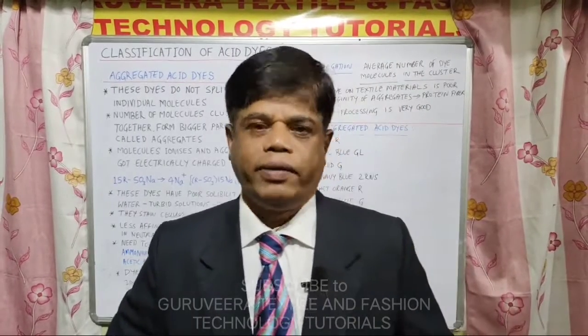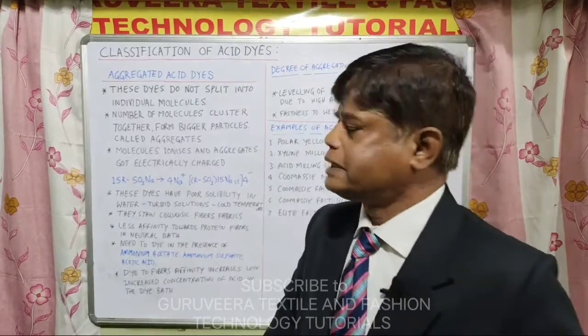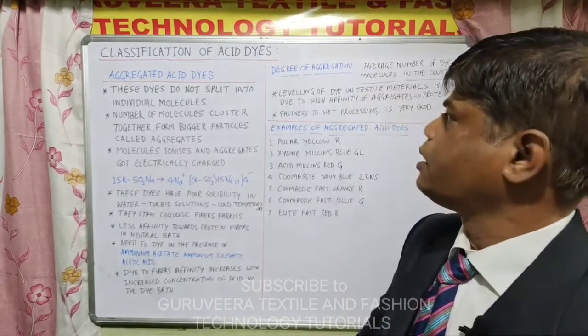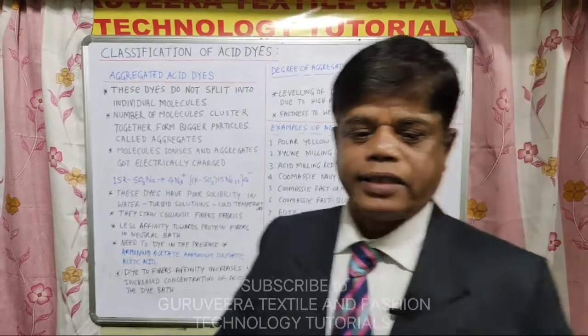They dissolve in water very efficiently and create clear solutions. The class of acid dyes which are not completely soluble in water, where the efficiency of solubility in water is very low, are called aggregated acid dyes.